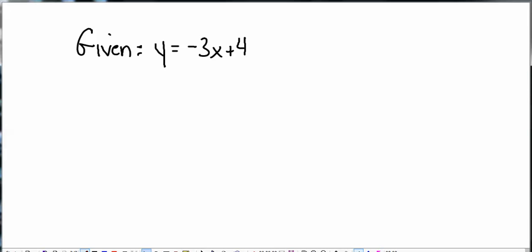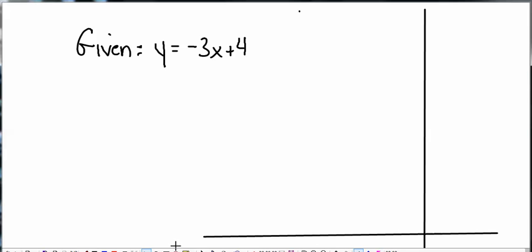So if you follow the steps again, alright, what's our y-intercept? +4. So if we go 1, 2, 3, 4. +4 is right here. What do you do to the +4? You put a dot on it.